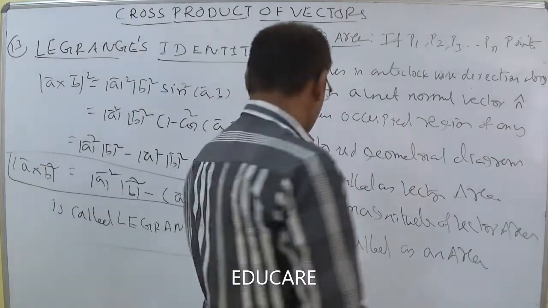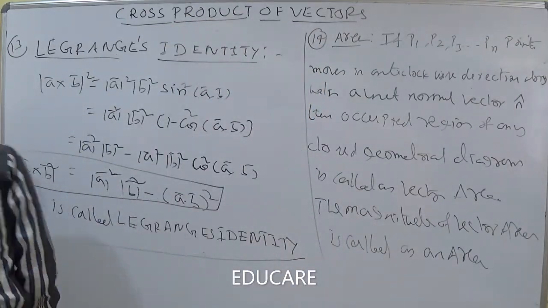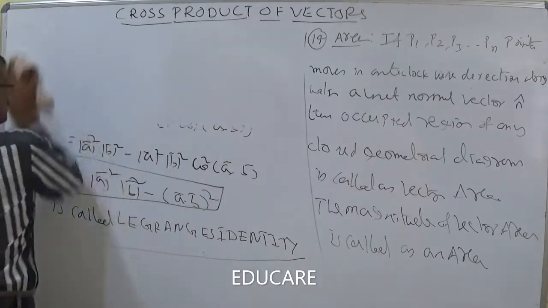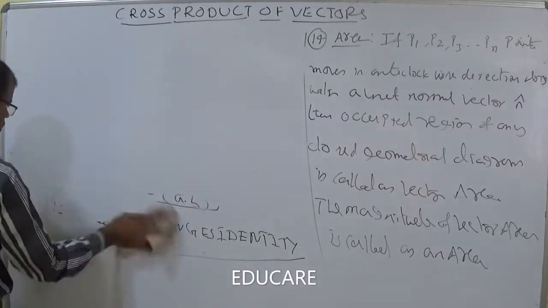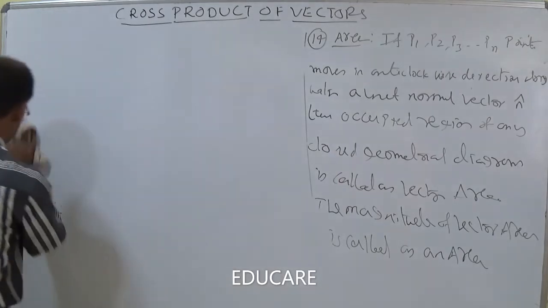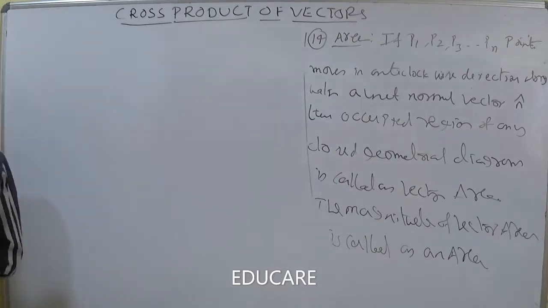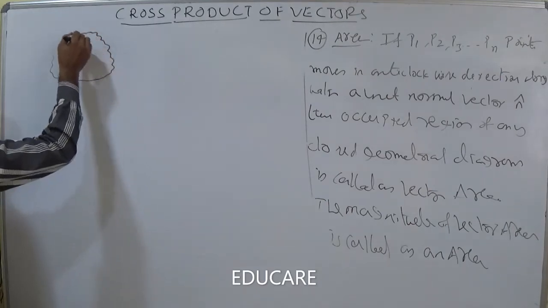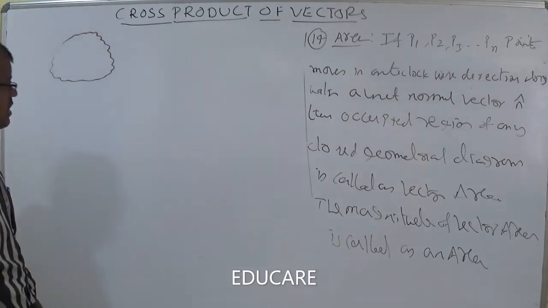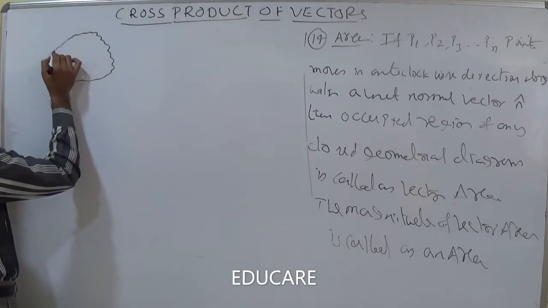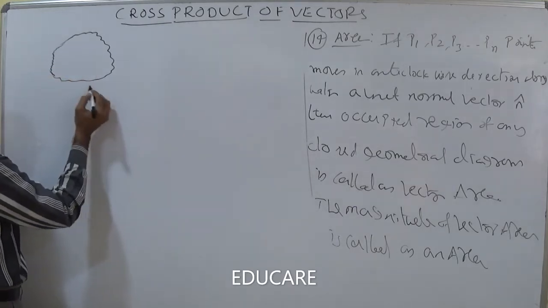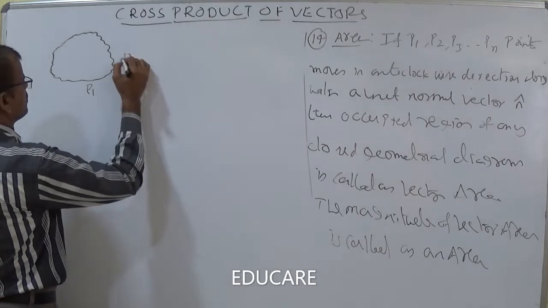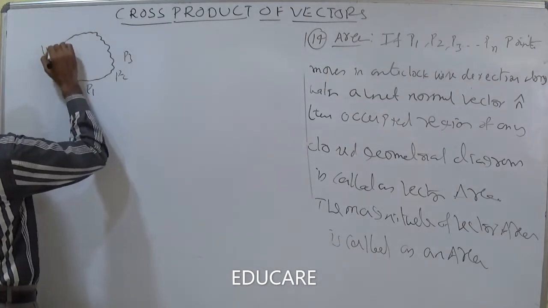So let us draw the diagram and let me explain the area concept. The occupied region of any closed geometrical diagram is area. Let us take a geometrical figure, say an asteroid; any closed figure you can take. Here put the point P1, here P2, P3, and so on, Pn.